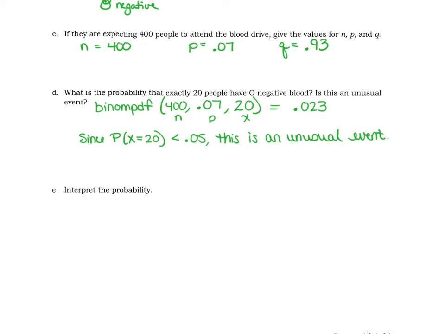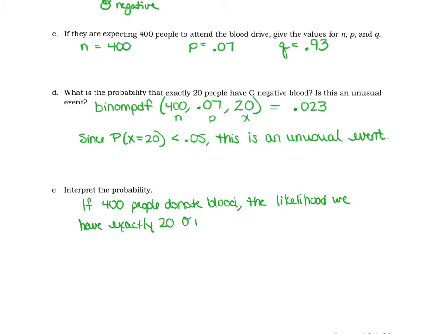So we're going to say, if 400 people donate blood, the likelihood we have exactly 20 O-negative donors is 2.3%.